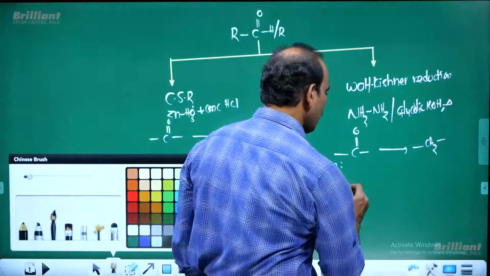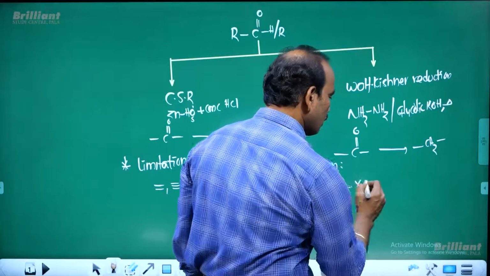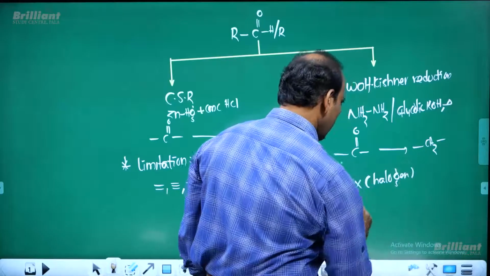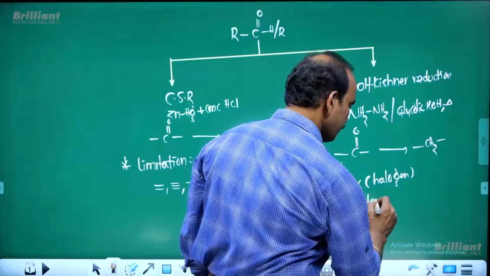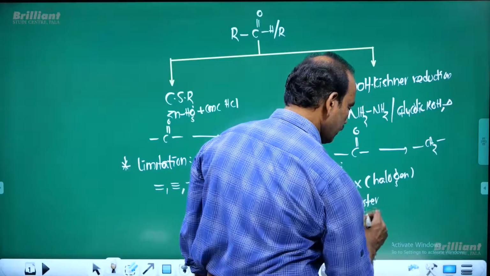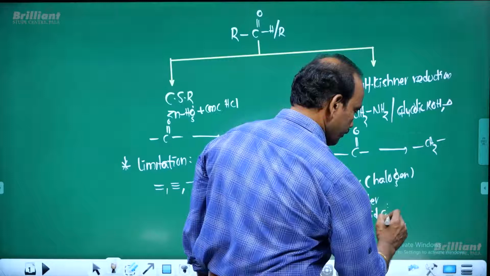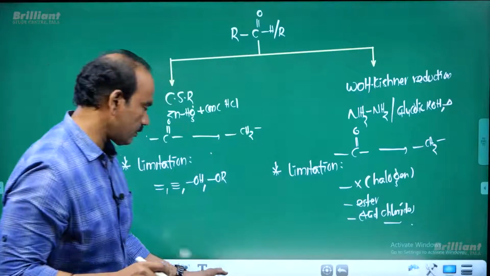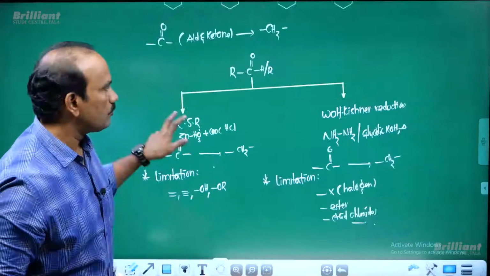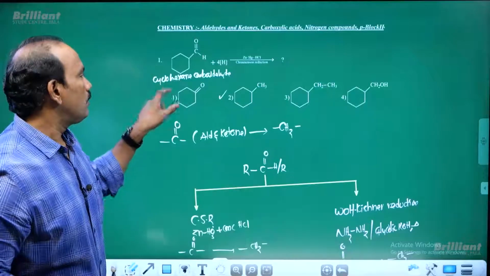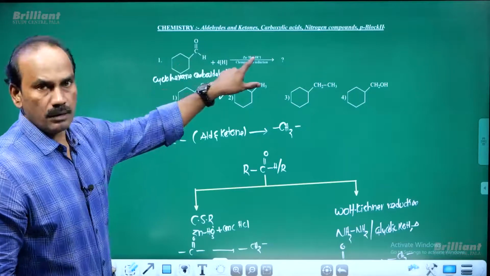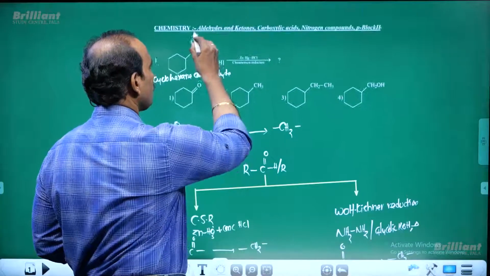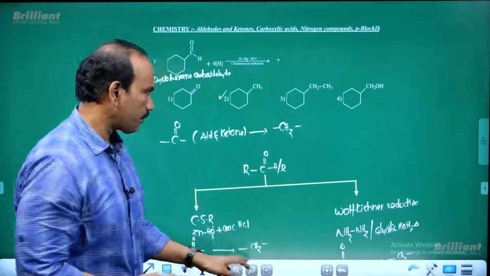Limitations are: it is not applicable for halogen compounds, and also esters and acid chlorides. These are the limitations. So, aldehyde reduced with Clemmensen, we get methane. This group changes to, okay.